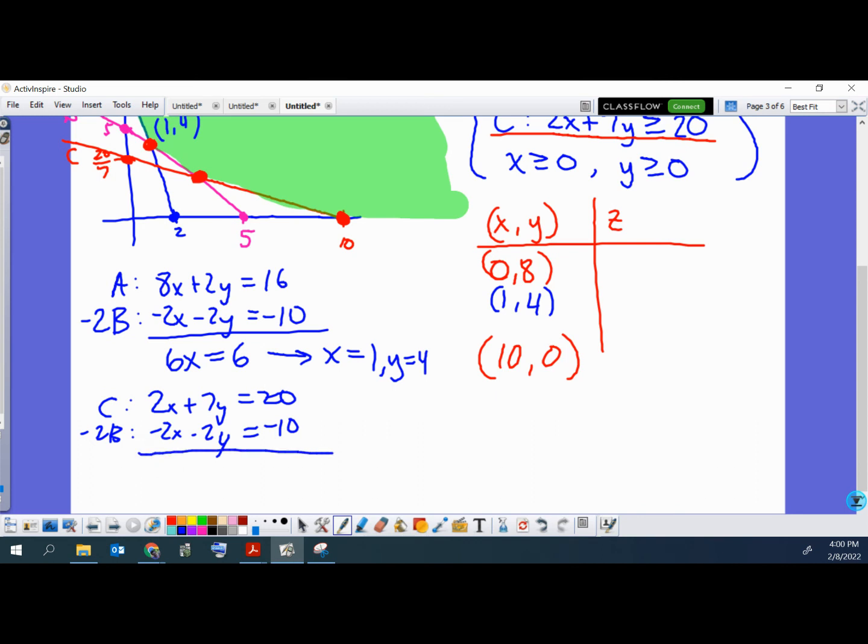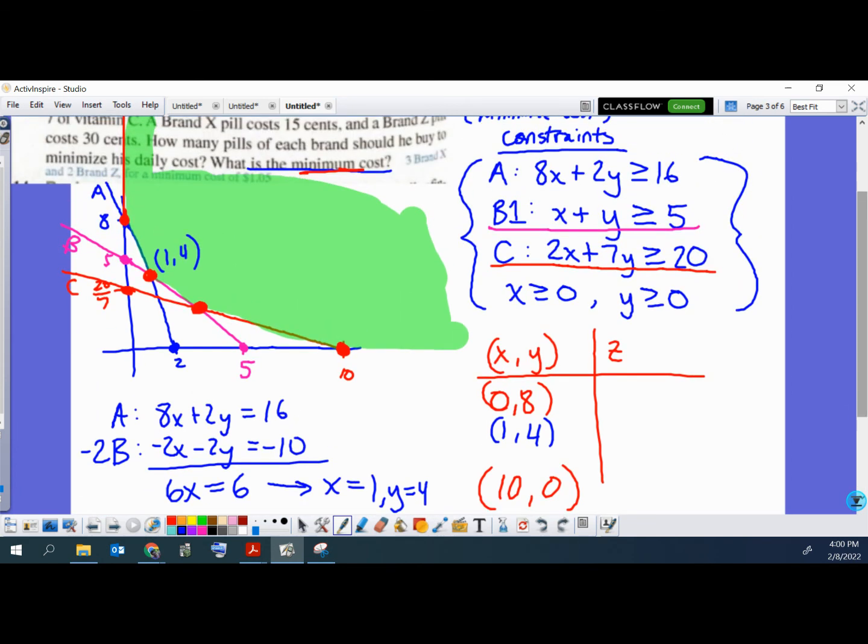And so when I add those, I get 5y equals 10, which tells me that y equals 2. And again, in that equation B, x plus y equals 5. If y is 2, then x is definitely going to be 3. And so that is this point right here. This is 3 comma 2. I was going to write 2 comma 3. It's 3 comma 2. And so those are my corner points.